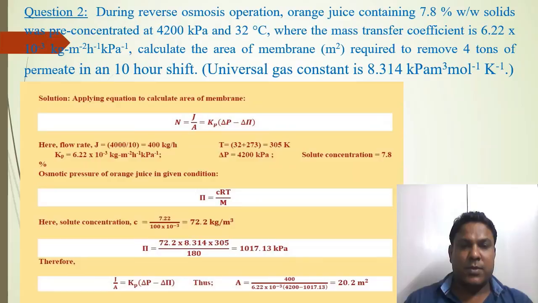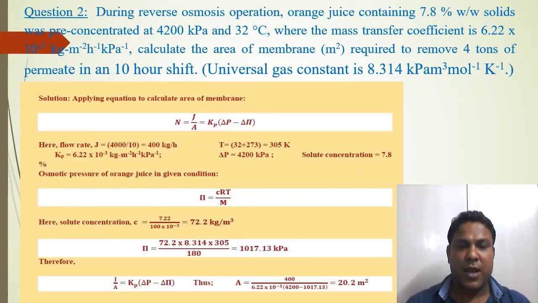During reverse osmosis operation, orange juice containing 7.8% weight by weight solids was pre-concentrated at 4200 kilopascal and 32 degrees Celsius, where the mass transfer coefficient is 6.22 times 10 to the power minus 3 kg per meter square per hour kilopascal. We have to calculate the area of membrane required to remove 4 tons of permeate in a 10-hour shift. To calculate the area, we apply this equation.